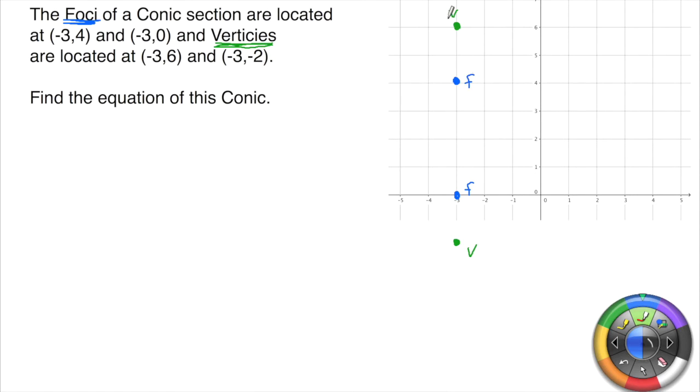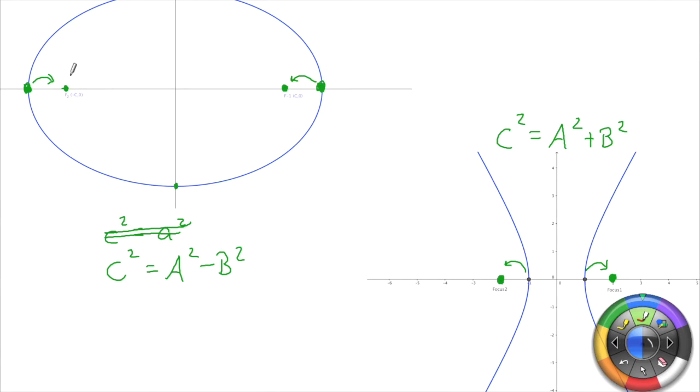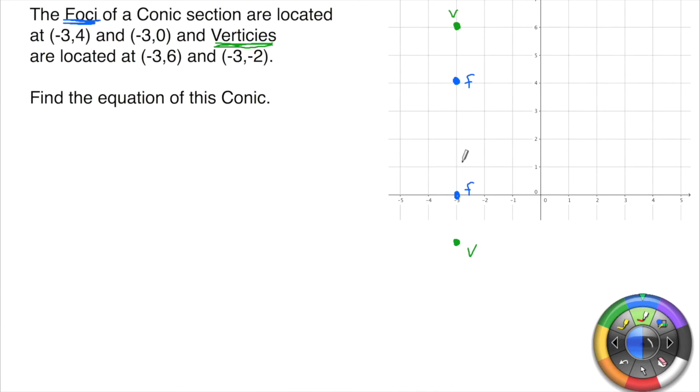So when we're talking about the vertices and foci relationship, if the foci are on the inside, then we're talking about an ellipse along the line segment where the vertices are. And on that line segment, if the foci are outside of the vertices, then it's a hyperbola. So this one, the foci are on the inside, so we're talking about an ellipse.